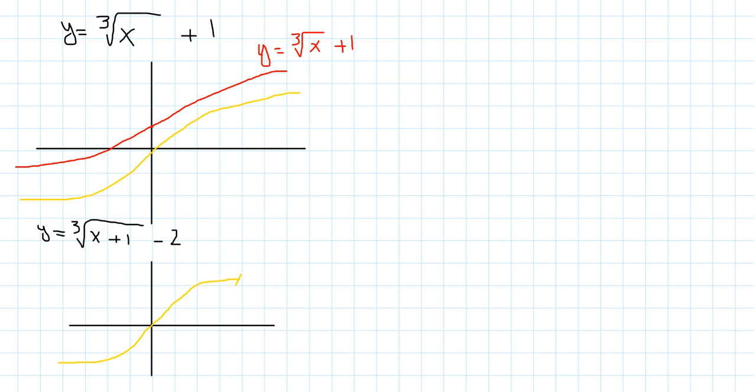After that, shift it on x-axis to -1. After that, shift on y-axis to -2. It is the graph of y equal x plus 1 cubed minus 2.